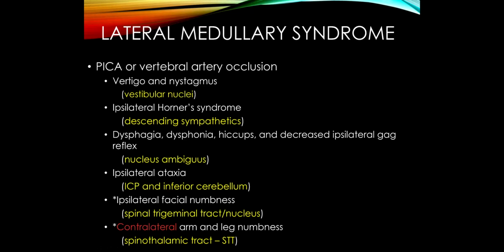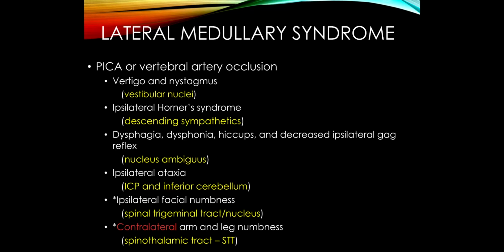So this brings up an important point. In any brainstem syndrome, and I've given you two here in this lecture, we always look for the same theme, which is an ipsilateral cranial nerve deficit. In this case, we have the nucleus ambiguus, you have ipsilateral facial sensation, you're going to have ipsilateral vertigo and ataxia, and contralateral deficits in the extremities.